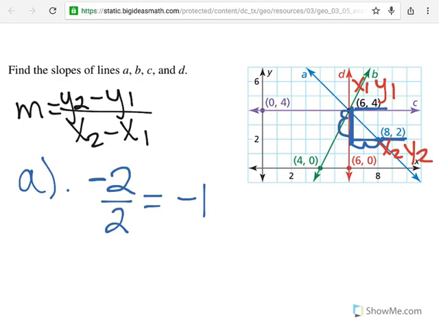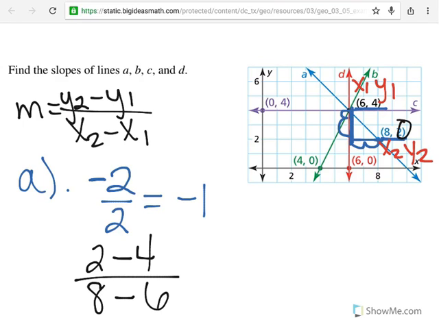So y2 is 2, y1 is 4, so 2 minus 4 over, x2 is 8, x1 is 6, so 8 minus 6. On top we get -2, on bottom we get 2, and when we reduce we get -1 as my slope.